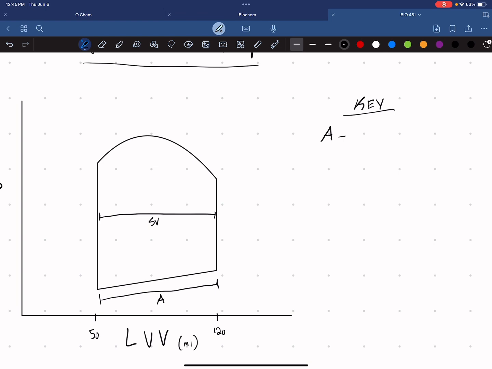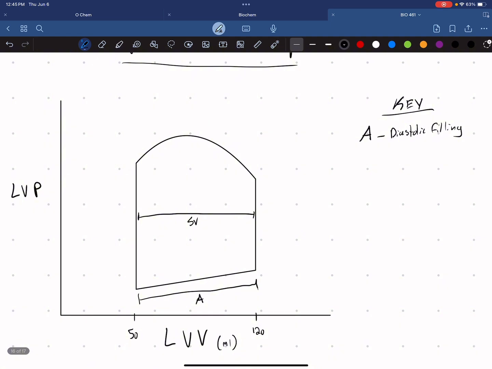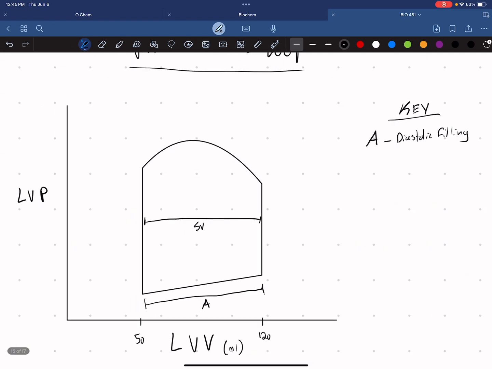So with A, we know that this is diastolic filling. We know that the volume of the ventricles is increasing, and therefore the pressure is increasing. And so that is for this first section.